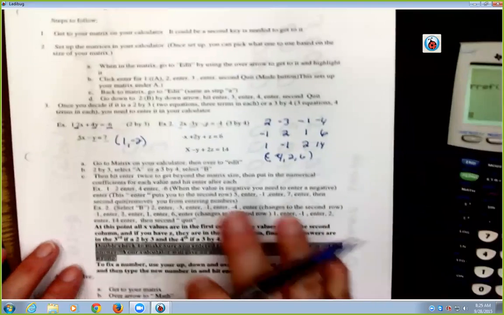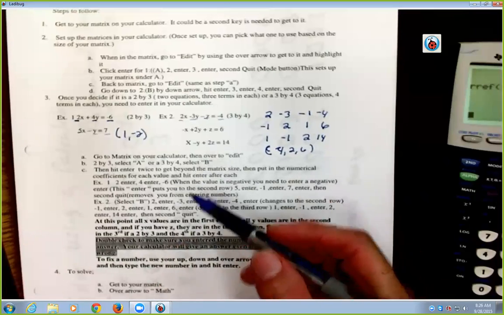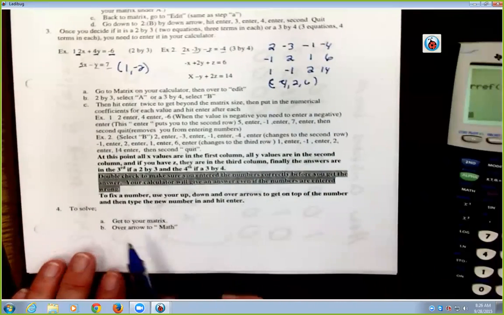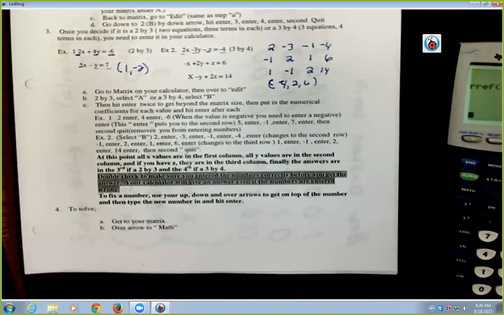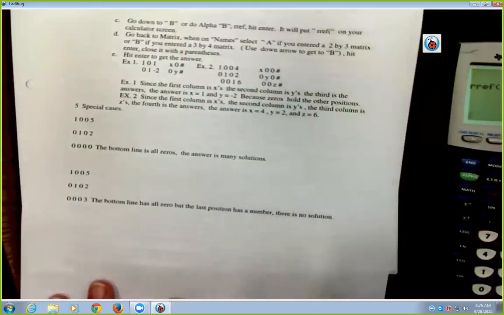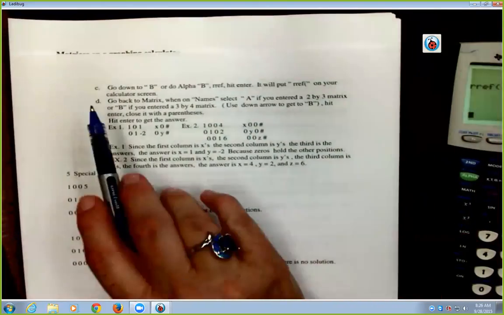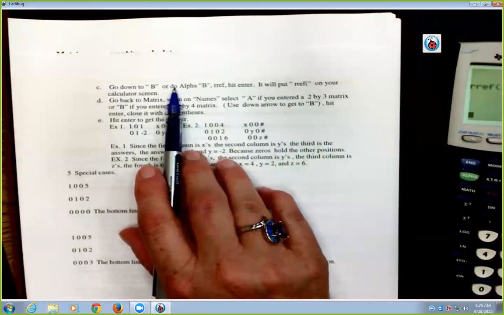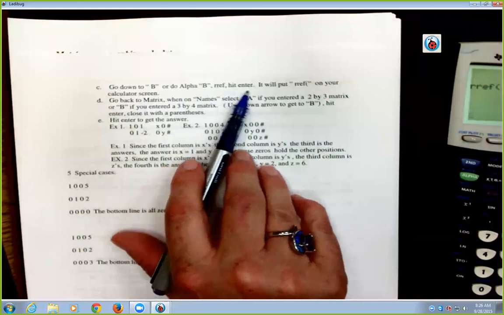On this sheet that I want to hand out to you, it walks you through all of this that we just did. If you look at the very bottom, it says to get to your matrix, go to the arrow to math. And then if you look on the very back of that page, flip it over because it's got a second side on there. The back side is taking you to the information. So then we went down to B, which is that key that we need.